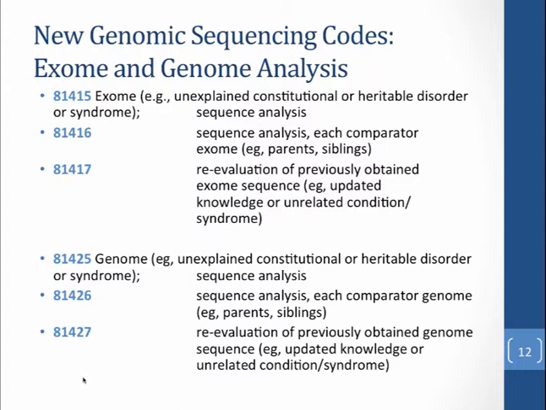So the assumption is that eventually patients at some point in their life will possibly have their whole genome determined, but it will only be paid for by insurers and payers if that patient has a need for it, meaning they have a disease or something wrong with them that is a covered situation.